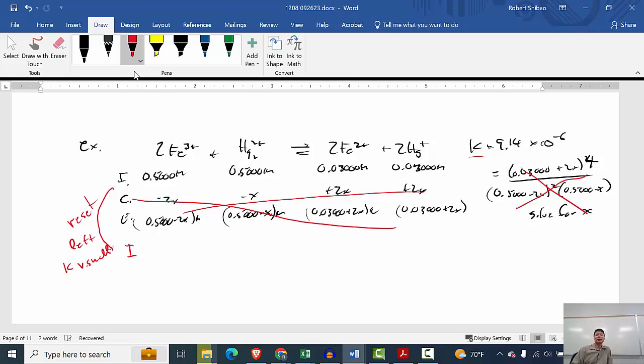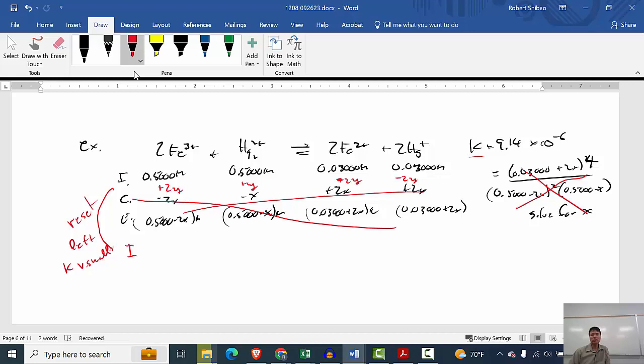If K is very big, I reset it to the right. So when I reset it to the left, I assume 100% reaction back to the left. So I'm going to shift all the atoms back to the left. And so I'm going to call this plus 2y, plus y, minus 2y, minus 2y. And then I look at the limiting reactant.